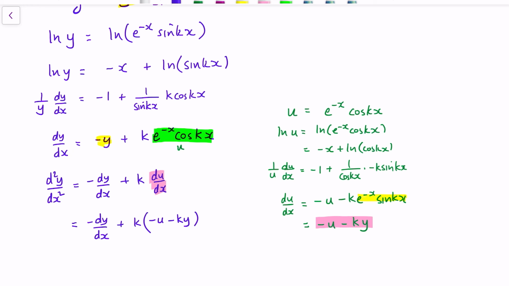And we've actually already seen dy/dx, so actually I'll make a bit of room here. dy/dx was equal to minus y plus ku. It's going from the line above it. So this equals y.